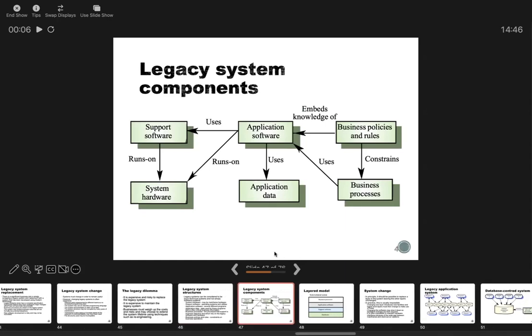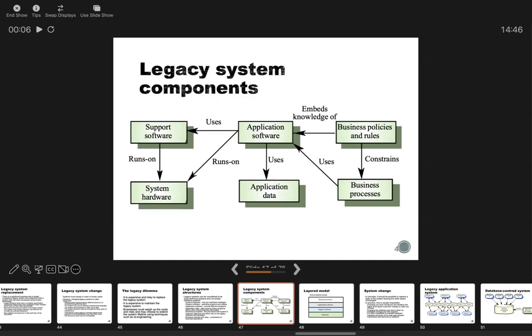So here we can see the different components of the legacy system. It starts from system hardware because hardware runs the support software. After the support software, we run our application software. In the application software, we use different data, and we use different business processes.